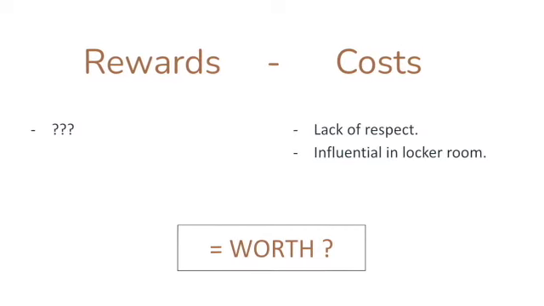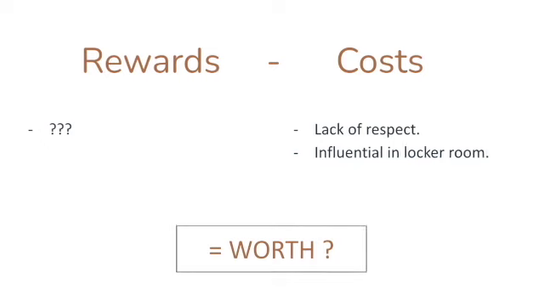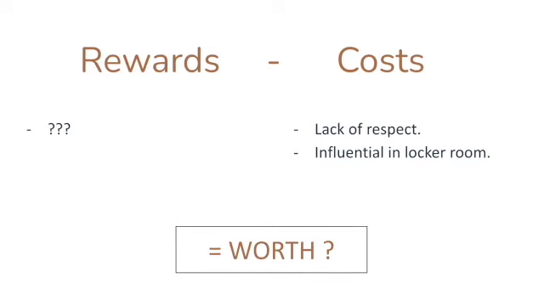And the coach also started displaying less respect towards him because of that. Eventually, Arteta decided to end their player-coach relationship, and he was sold this past January to another club.